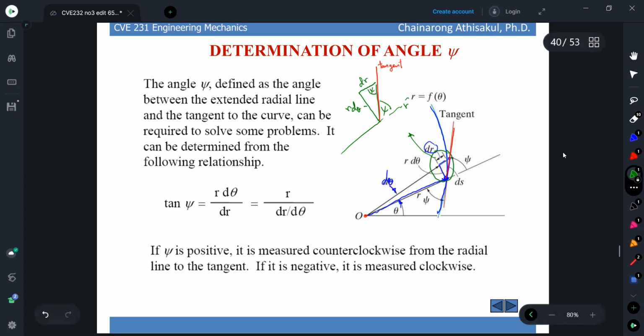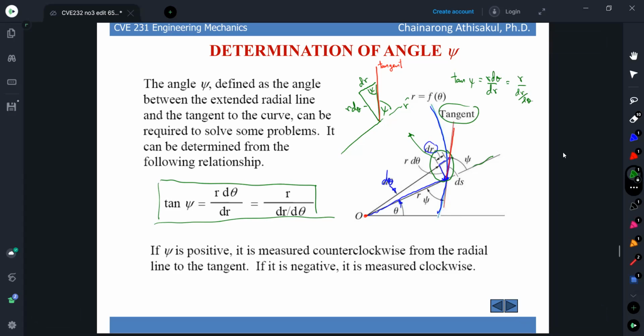From this triangle, we find that tan psi is equal to r d theta by dr. So it means that tan psi is equal to r divided by dr by d theta. We have this relationship to determine the angle between the tangent and the r direction. We can use this angle to find the normal direction also.